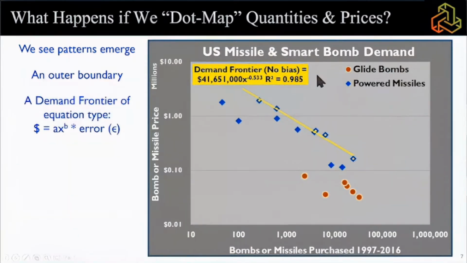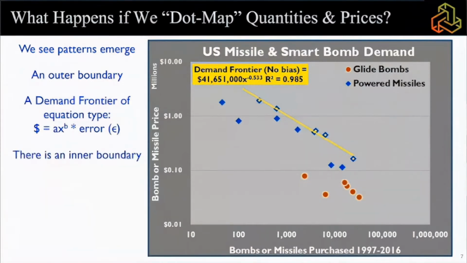When it says no bias, ladies and gentlemen, what we've done is correct for the downward bias that happens in an unadjusted curve by correcting it up using something known as the Ping factor, which comes from Shu Hu Peng, who was a longtime contributor to the ICEA community. Anyway, this is a very highly correlated equation that explains what happens to the market at the limit. When we say frontier here, this means that nobody's getting very far beyond this frontier. And this is going to be a crucial concept for us moving forward.